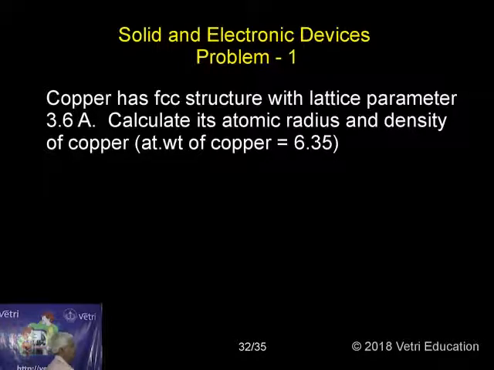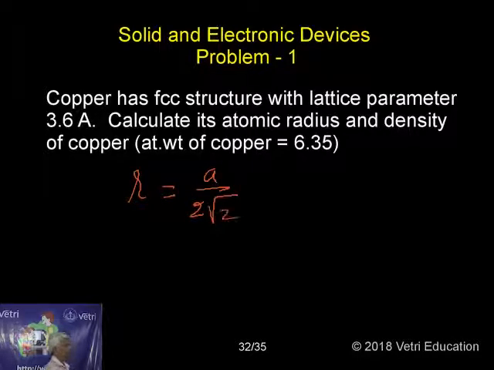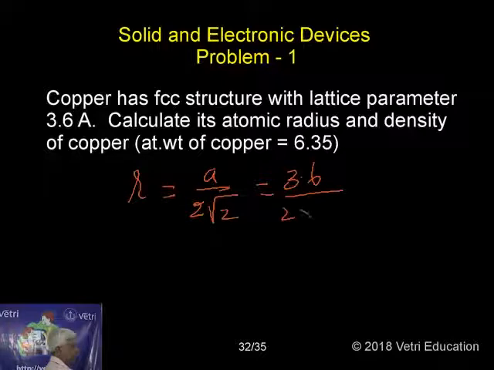So kindly refer to that chart. The radius for FCC, face centered cubic, is A by 2 root 2. I have given this formula for radius, A by 2 root 2. Here in this problem, the value of A is given as 3.6 angstrom divided by 2 into root 2, that is 1.414.